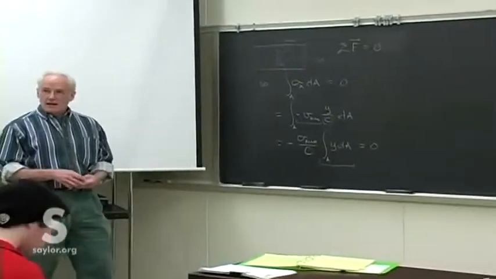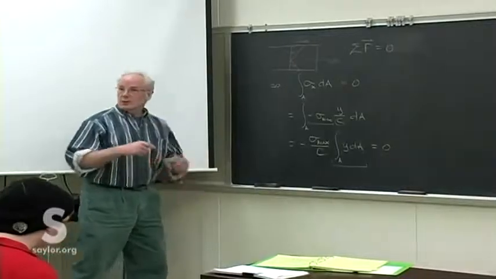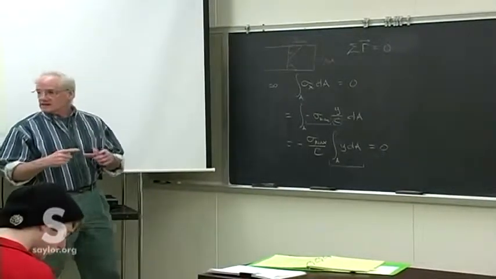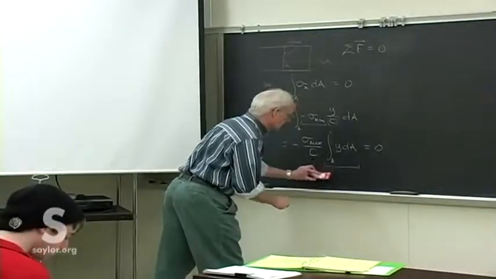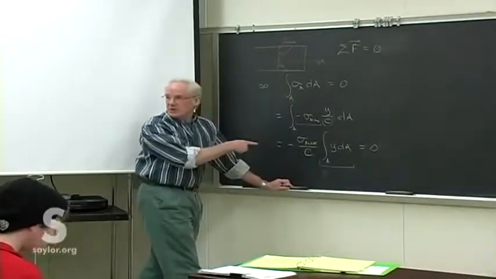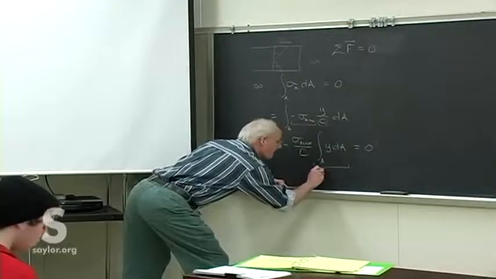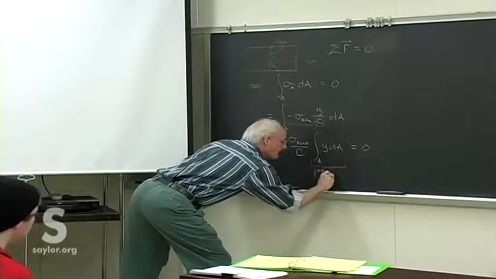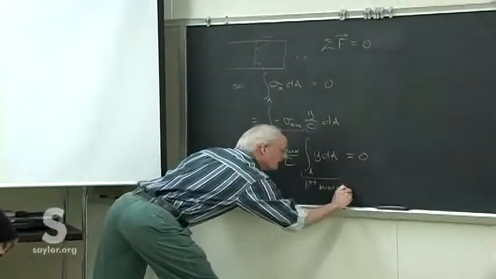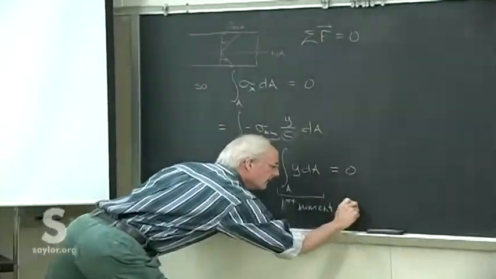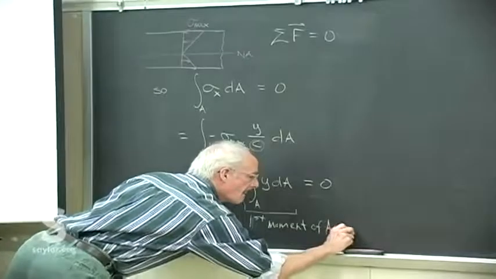Something having to do with polar moment of inertia? Well, not polar. Polar has to do with circular cross-sections. This is any kind of cross-section. If we had a circular cross-section, that would be it. But this is the first moment of area. Okay. It's hard to write down here. First moment of area.